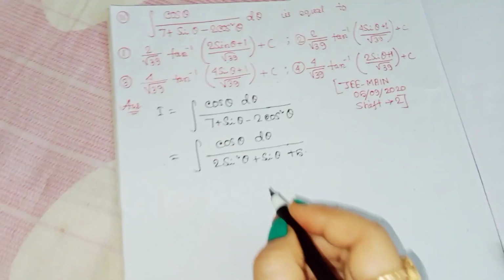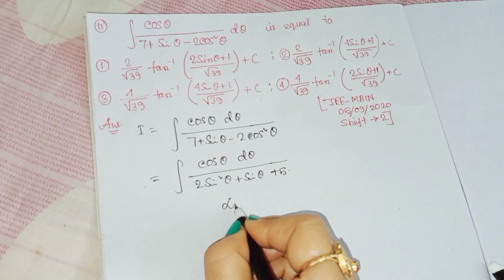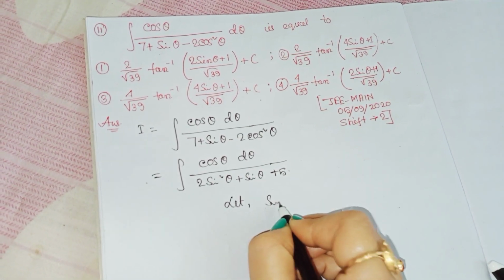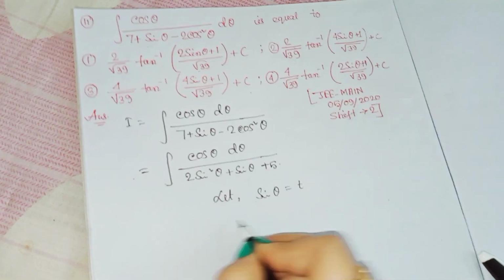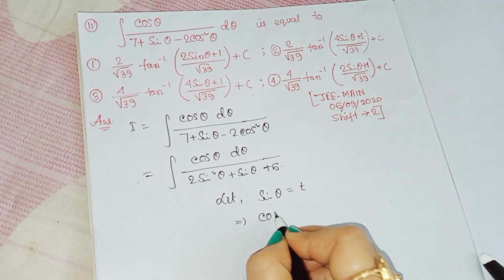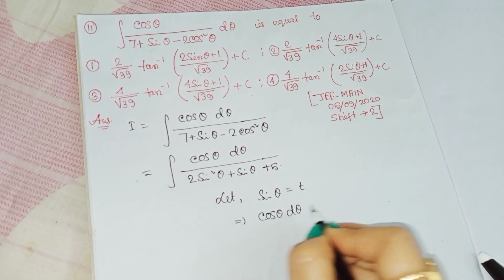So let sin theta equal t, suppose that implies cos theta d theta is equal to dt.